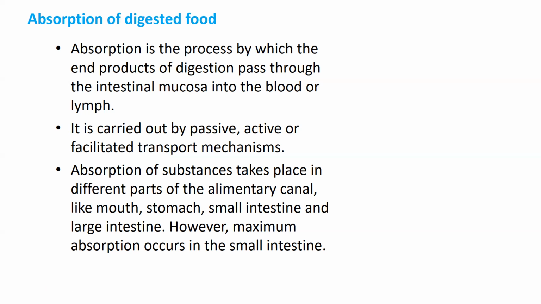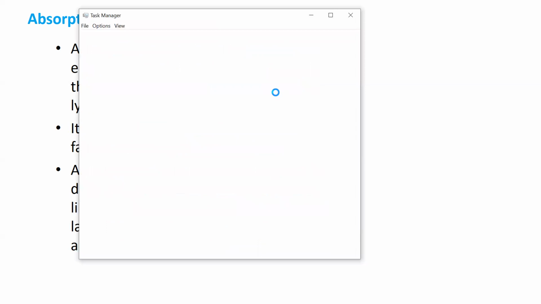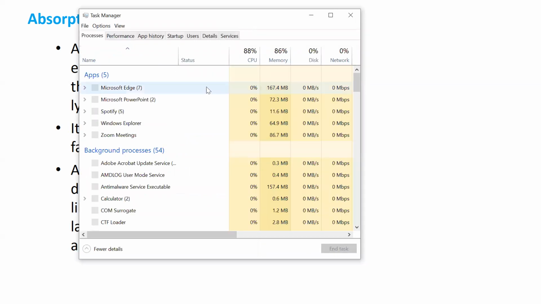Even when I try to abort, it is not moving. Just hold a minute, I'm trying to figure it out. Okay, sir.